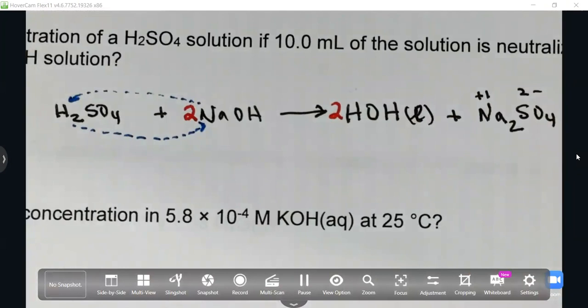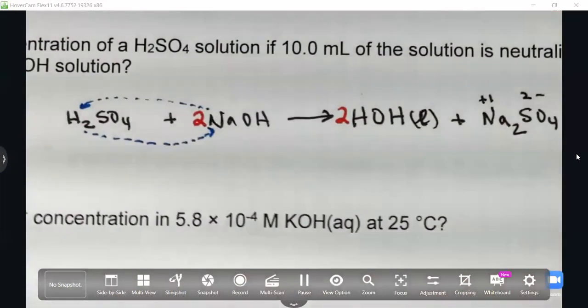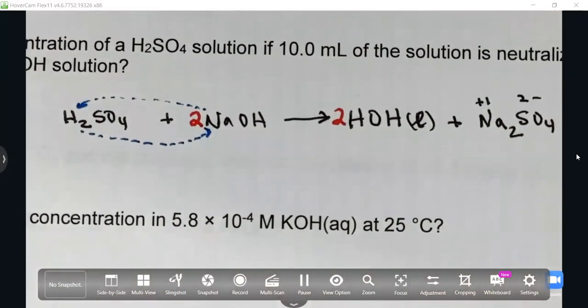The last reaction is, well, let's outline this a little bit. We got just enough time here to do this one and the last one here. Let's see what concentration. Okay, so we need molarity here.